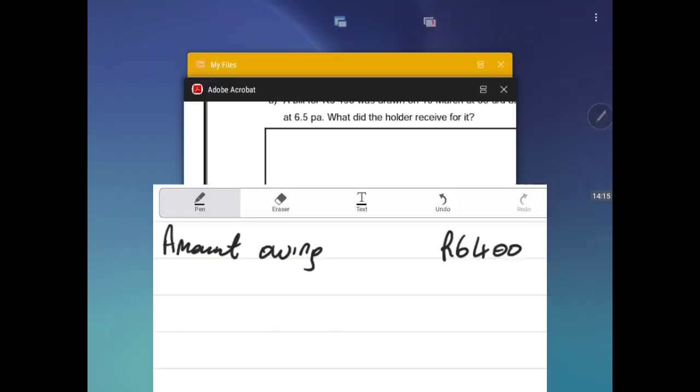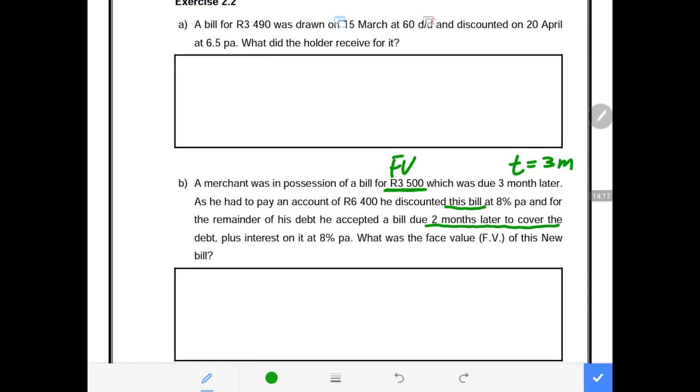This is the amount that he owes, because it is clearly stated that as he had to pay an account, meaning he's supposed to pay what he owes, but he doesn't have money. He only has a paper with the value of 3.5, and this paper is called a bill, and this bill is due in 3 months, and he wants money now in order to pay the account now.